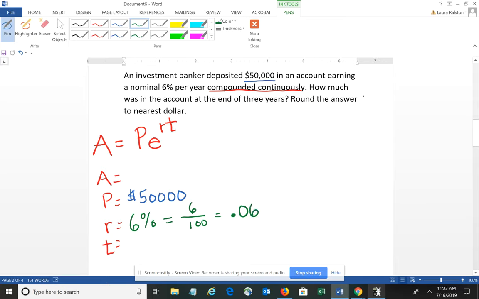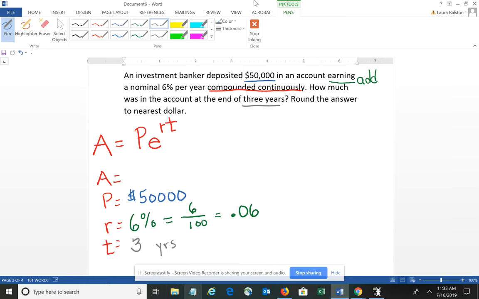Okay, and it says it earned. That means we're adding to the amount that we started with. And so my rate is positive. And then it asks me how much is in the account at the end of 3 years.